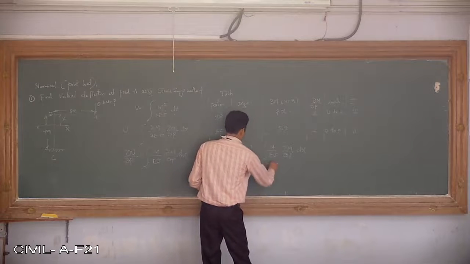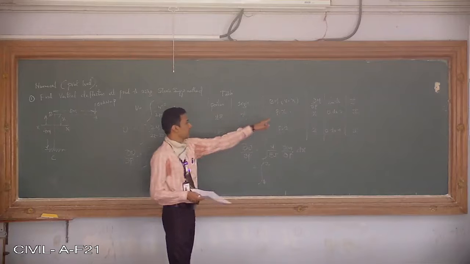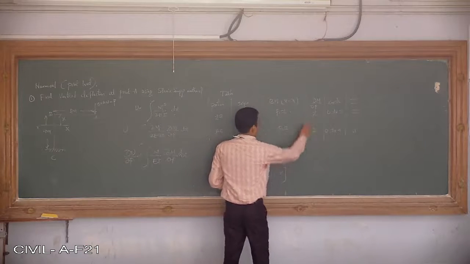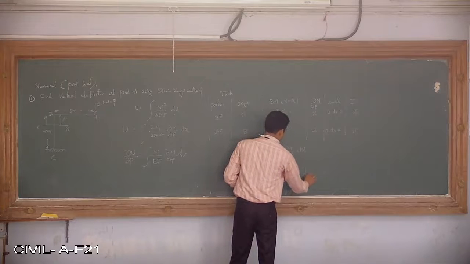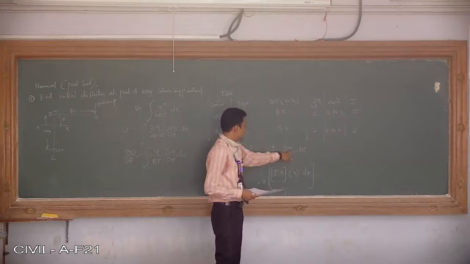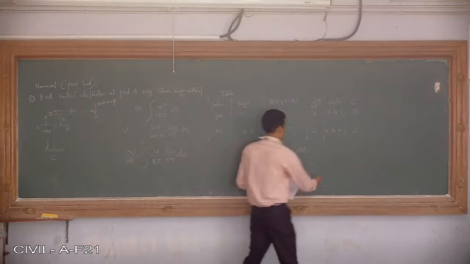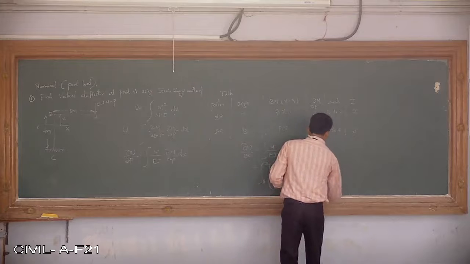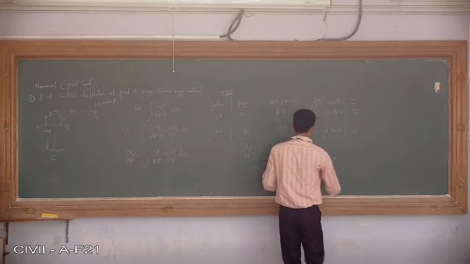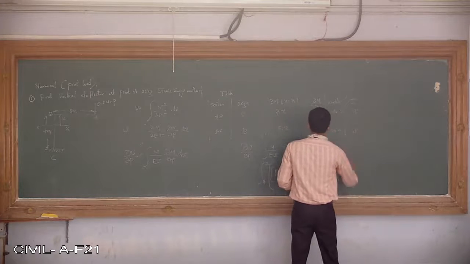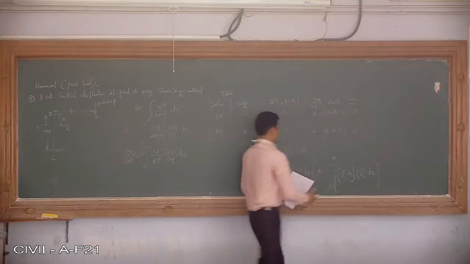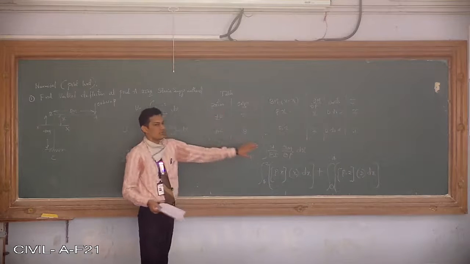So first term we will take AB, the limit is 0 to 2, moment is P into X and differentiation with respect to P is X dx, plus second term, it is 0 to 4, moment about BC is P into 2 and differentiation with respect to P is 2 dx. Okay, these are the two terms of AB span and BC span.